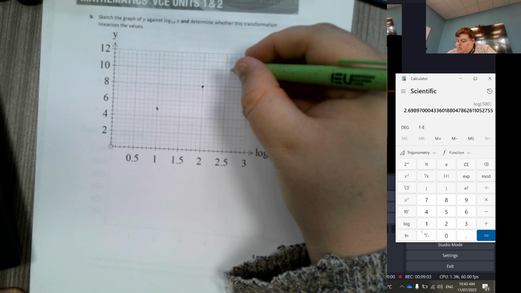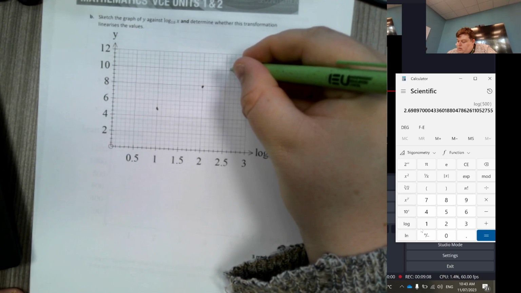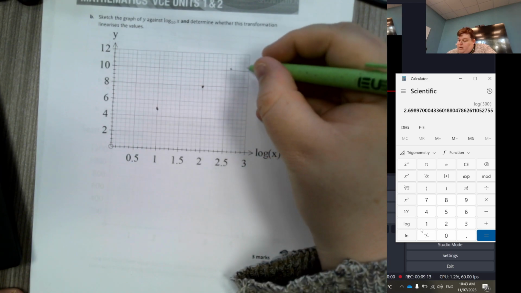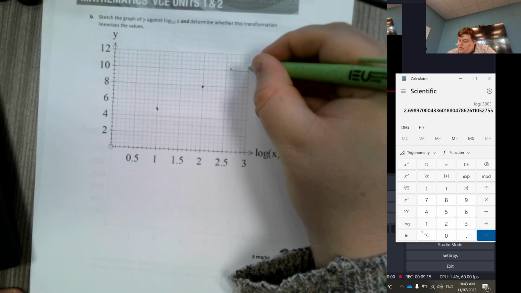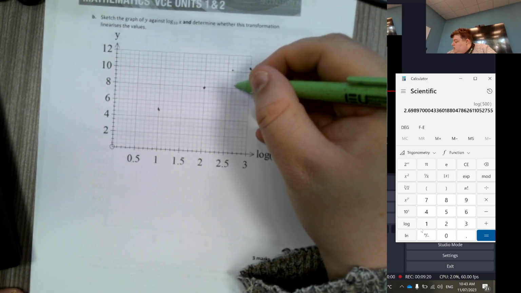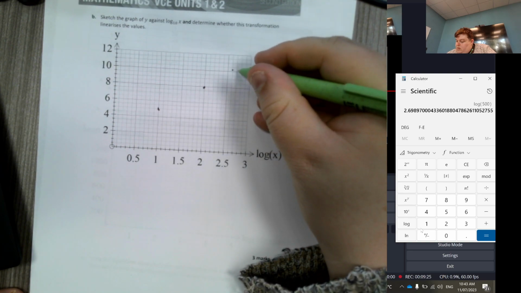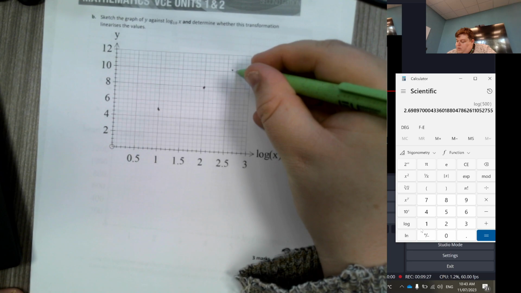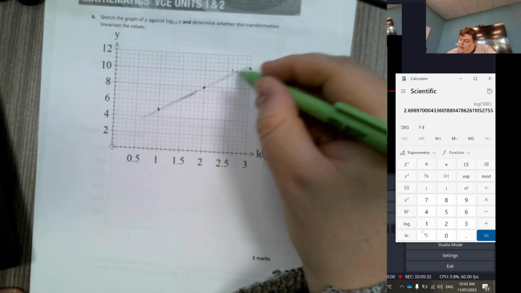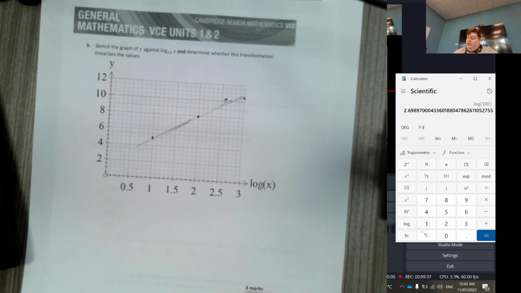So it's about there. And then we've got 3 and 11. I'm going to stuff this one up. 2.7. It's supposed to be more like there. It's probably a little bit straighter. So I'd say that's pretty linear. Just forget my one that I've drawn out there. Good.